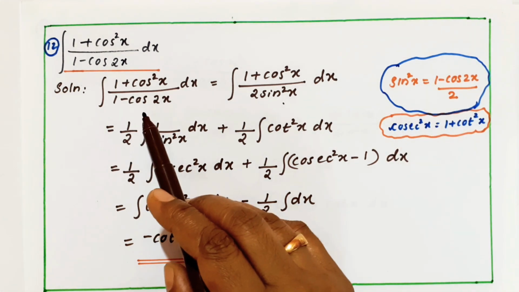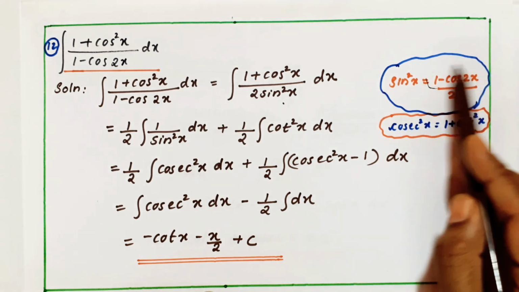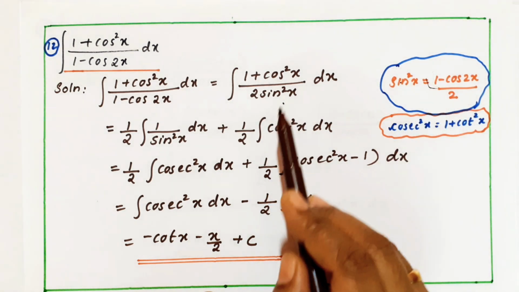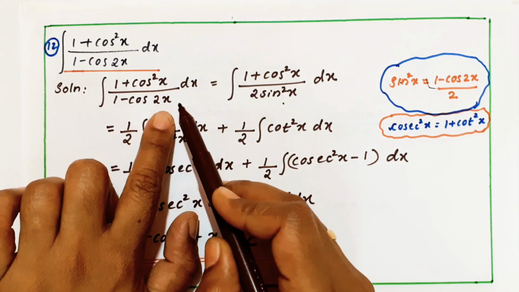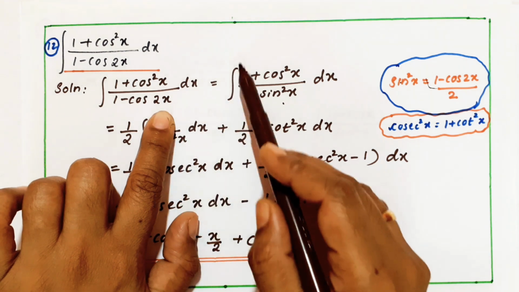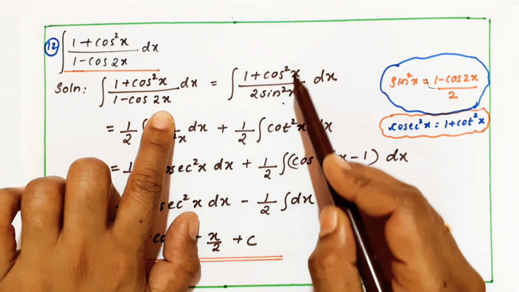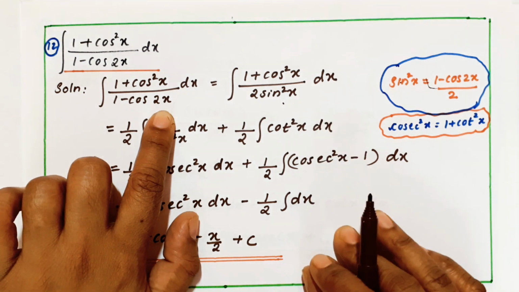So in this denominator it is 1 minus cos 2x. So 1 minus cos 2x I can write as 2 sin square x. So what I did is, denominator 1 minus cos 2x I have written as 2 sin square x. So your term is integral of 1 plus cos square x by 2 sin square x dx.